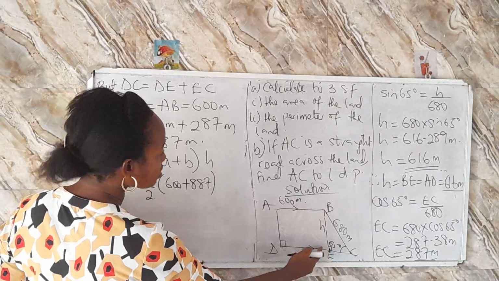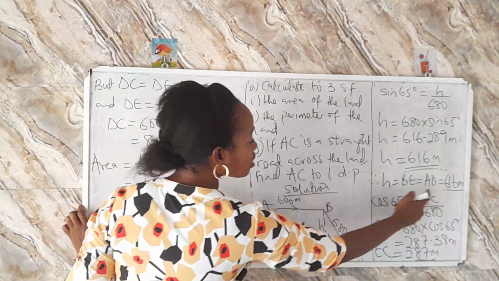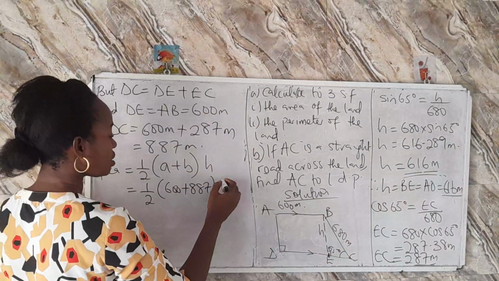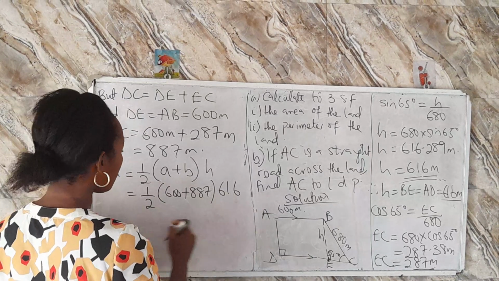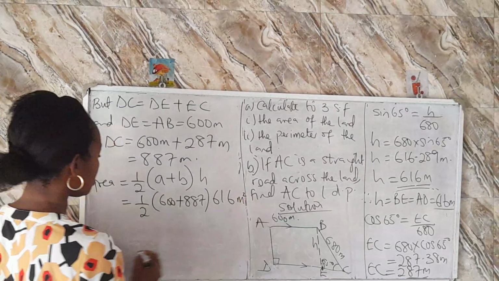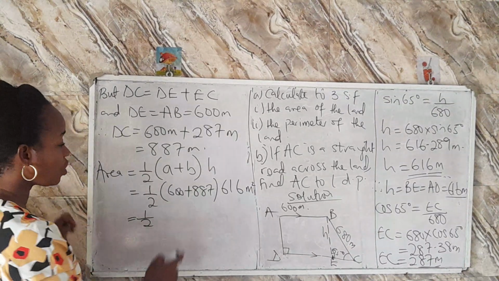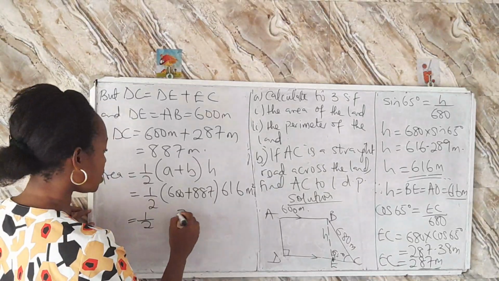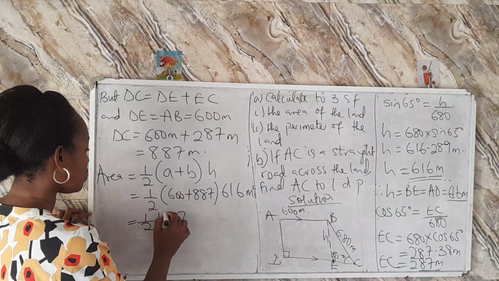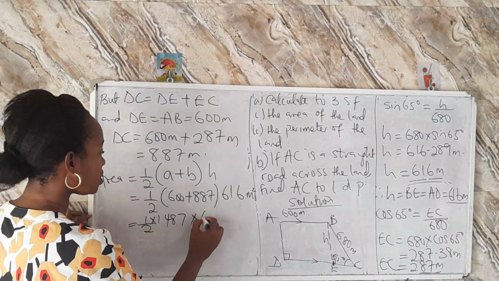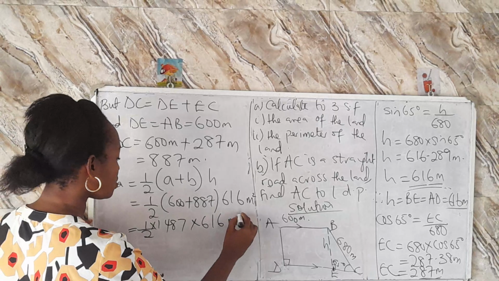Our height is the same thing as 616. All will give us meter squared. So this will be 1 over 2 into, when you add this, you have 7, 8, then times 616 meters squared.